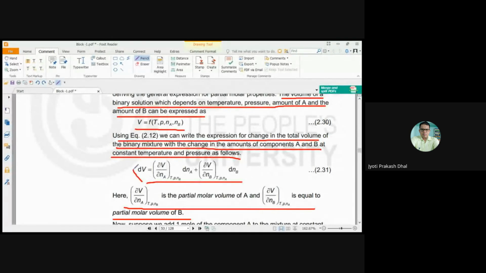So again we will move to the note. Here you can find this one, dV equals, this term we have derived.